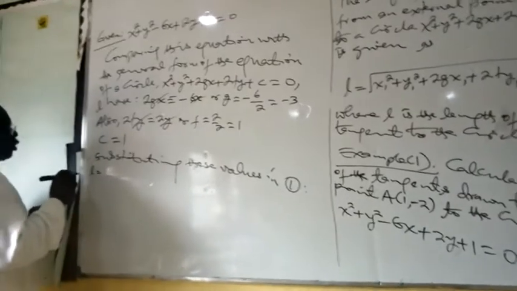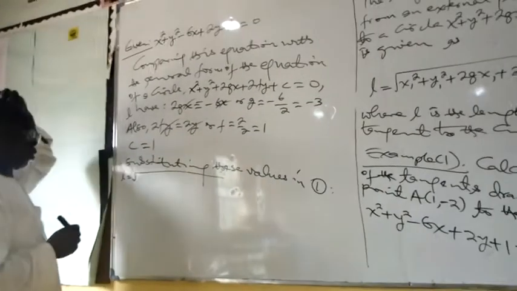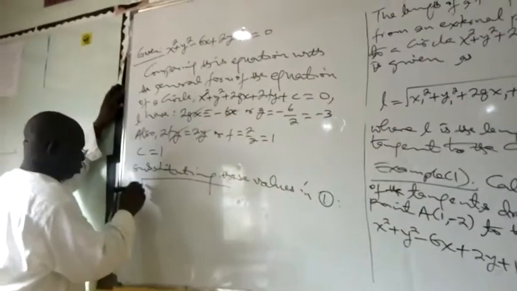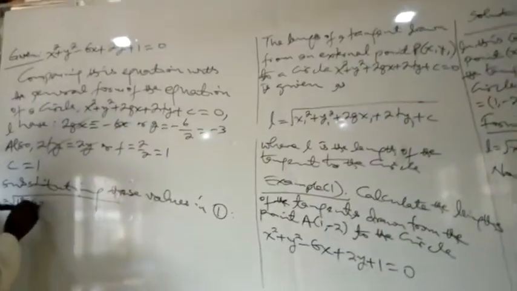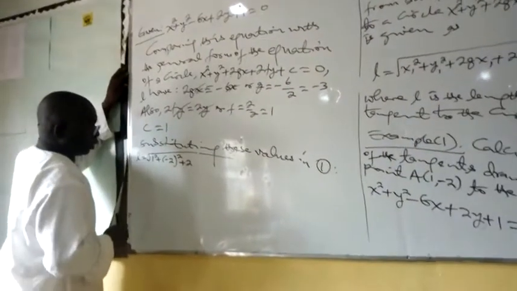L, the length of the tangent, is equal to the root of x1 squared, which is 1 squared, x1 is 1 in this case, plus minus 2 squared plus 2gx.